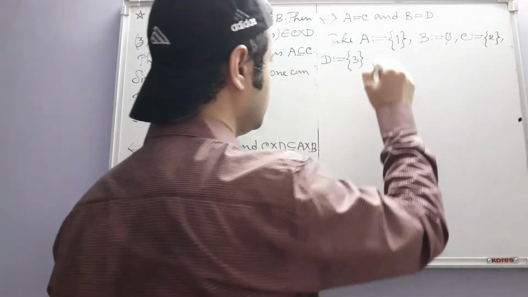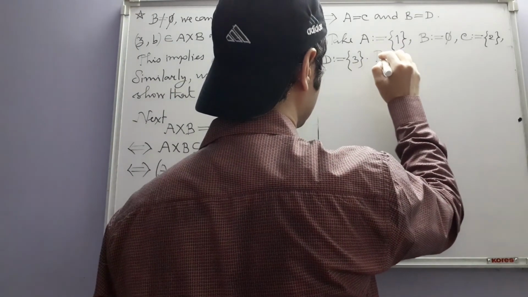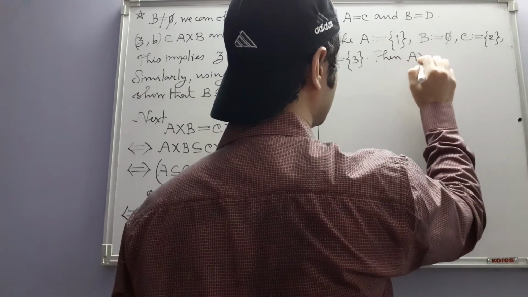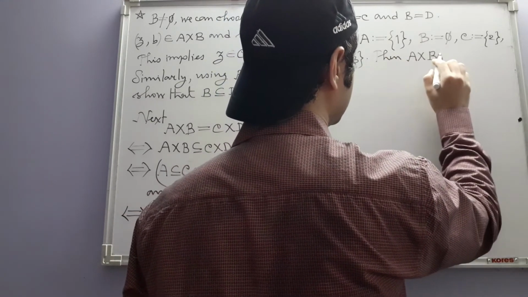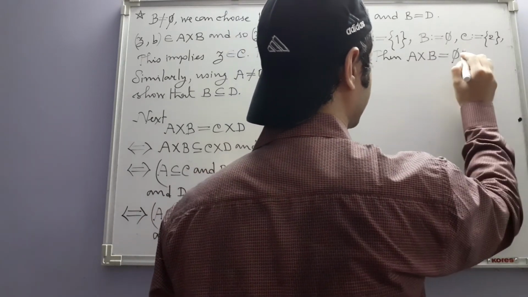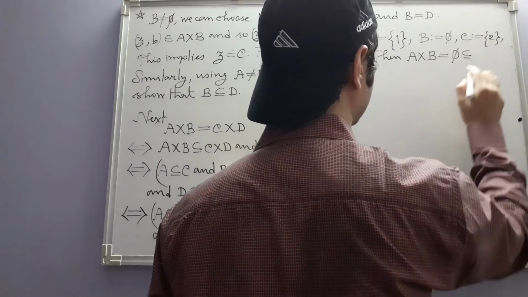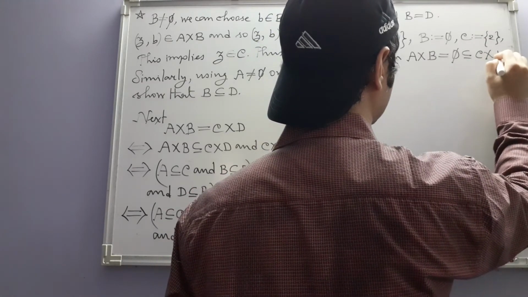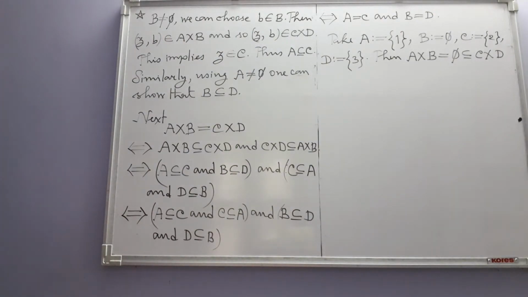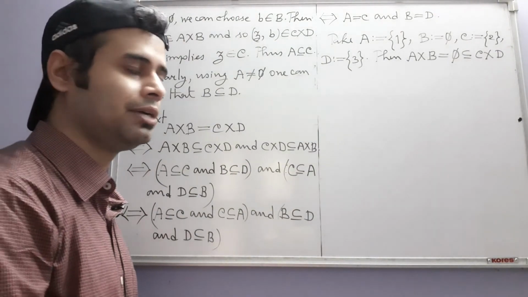Then A cross B is empty because B is empty, and the empty set is a subset of every set, so it is a subset of C cross D. We don't even need to calculate C cross D to conclude this, because the empty set is a subset of every set.